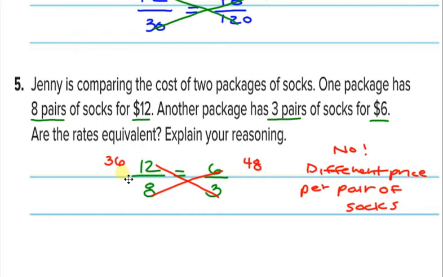And just to do that one more time, I'll show you. So for the first package, you would put into your calculator 12 divided by 8, and that's going to give you $1.50. For the second one, $6 over 3 pairs, that's going to give you $2. So it's actually cheaper to buy the pack of 8 for $12.